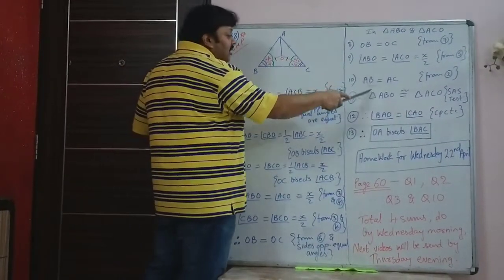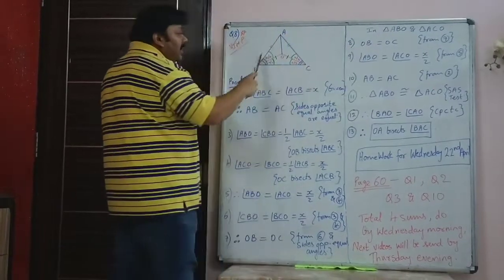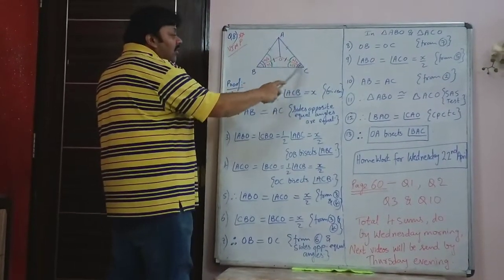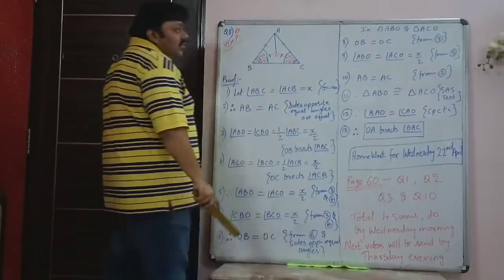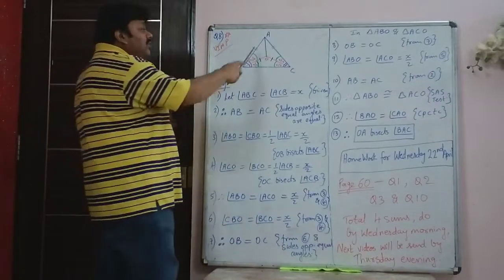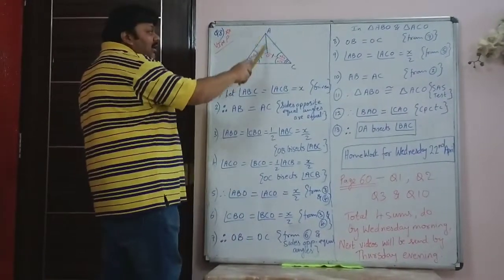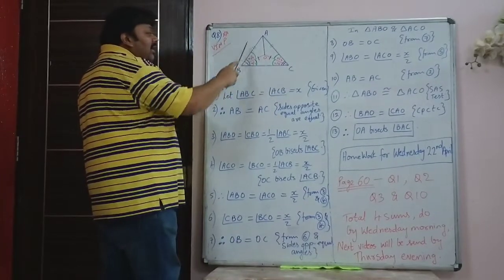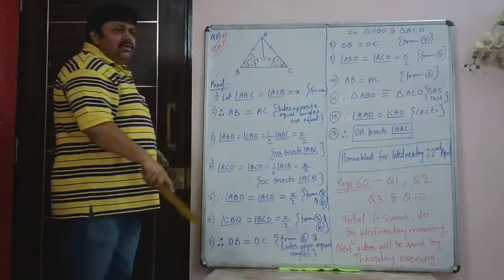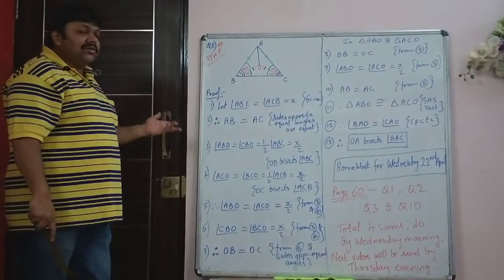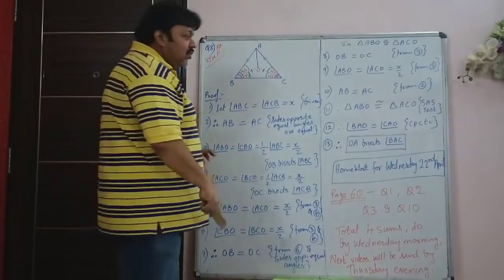So you can say that the two triangles are congruent by S, this angle, and BO and OC again side. So it is SAS test. Instead of SAS test, you could have written SSS also. AO is common side, OB is equal to OC, and AB is equal to AC. So either of the two tests you can use, SAS or SSS. Both will be given full marks.